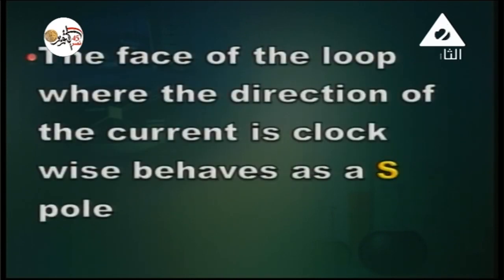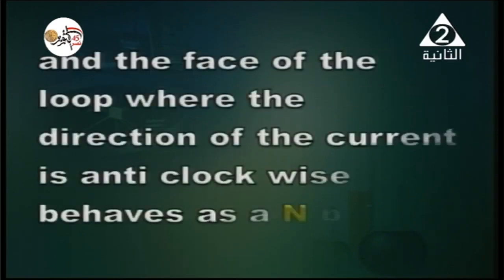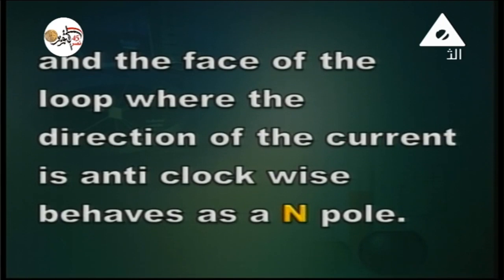So once again, the face of the loop where the direction of the current is clockwise behaves as a south pole. And the face of the loop where the direction of the current is anti-clockwise behaves as a north pole.